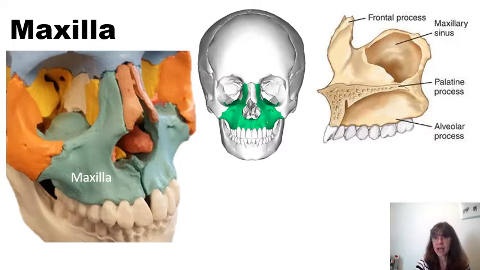We'll take a look at what happens there. Now, just like the frontal bone that forms your forehead curves underneath to form the top of the orbit of the eye, the maxilla folds underneath in your mouth to form the anterior portion of the roof of your mouth.